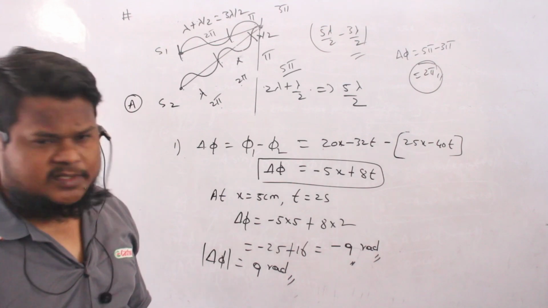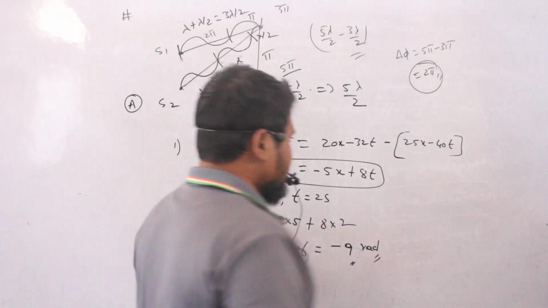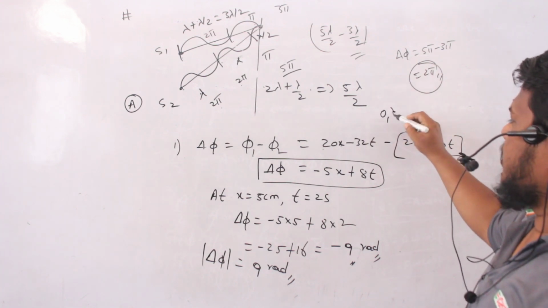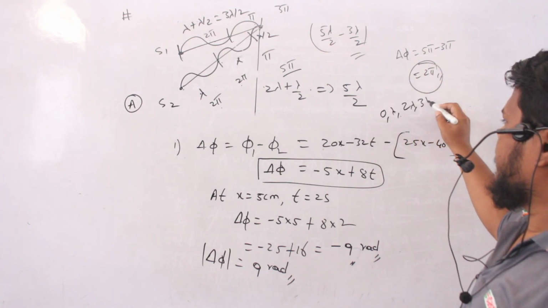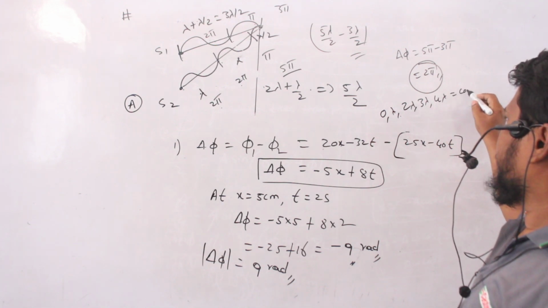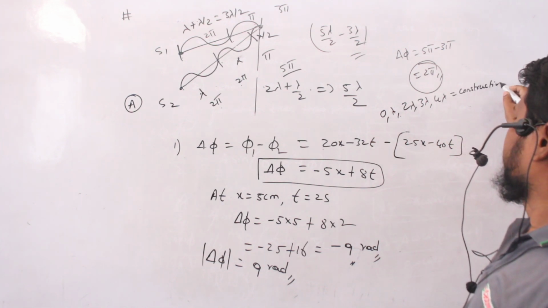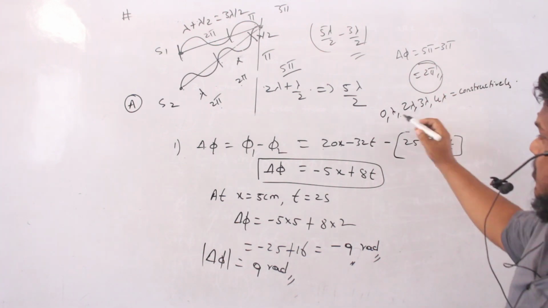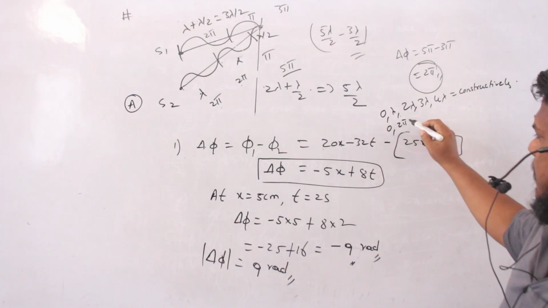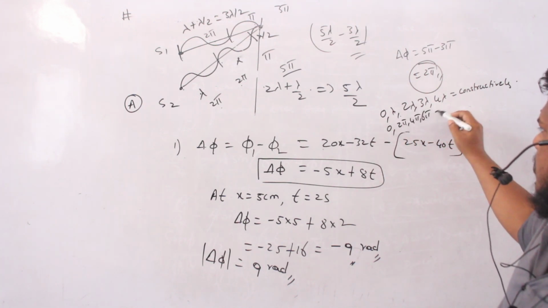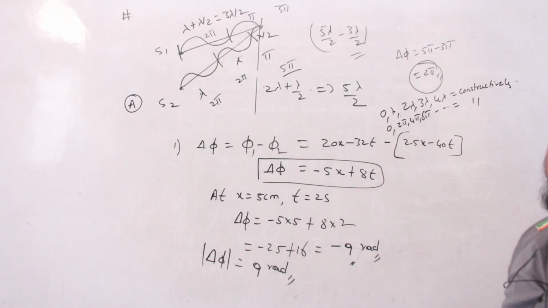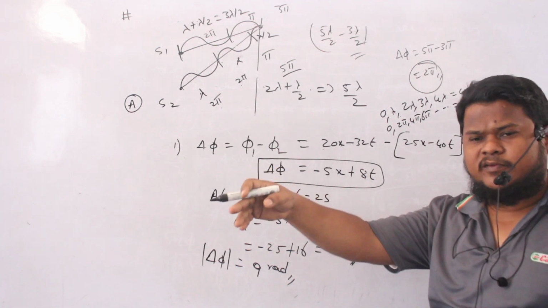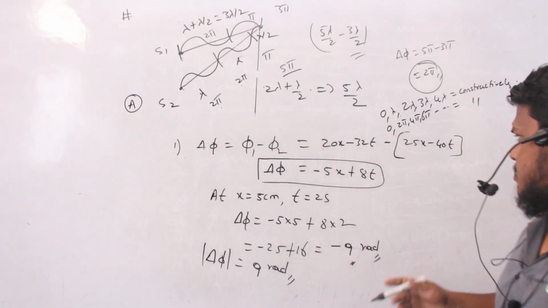Similarly, for a path difference of 0, lambda, 2 lambda, 3 lambda, 4 lambda, the waves will also interfere constructively. In terms of phase difference, it is 0, 2 pi, 4 pi, 6 pi. This is what we have studied in wave optics.